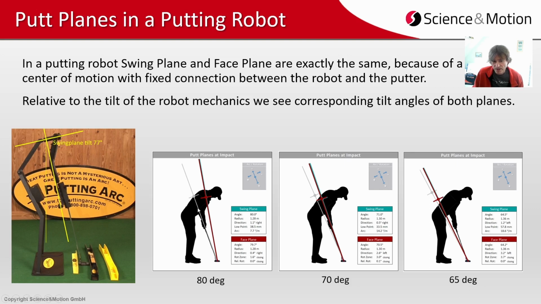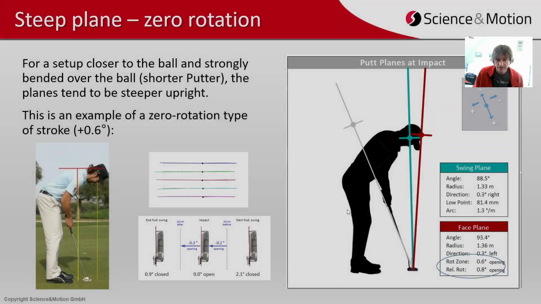You can also see that shaft angle varies as the connection of the putter relative to the lever of the robot is not necessarily straight, so the shaft angle can be on different angles of the plane. But irrespective of the tilt angle of the robot, you see that swing plane and face plane are always exactly the same for a robot, and shaft plane can be different.